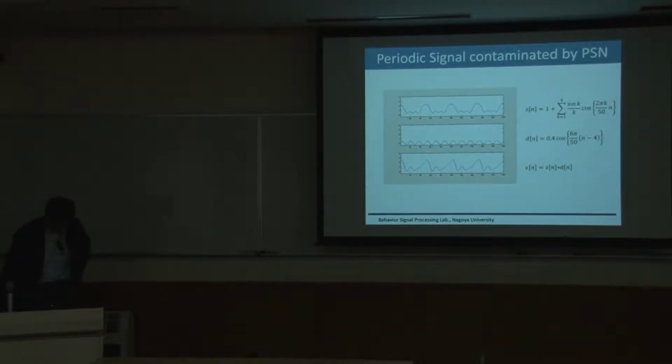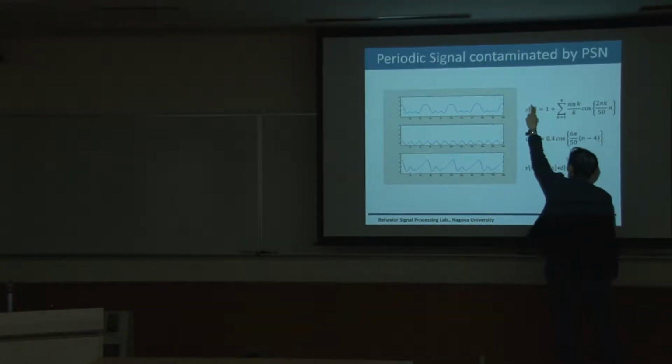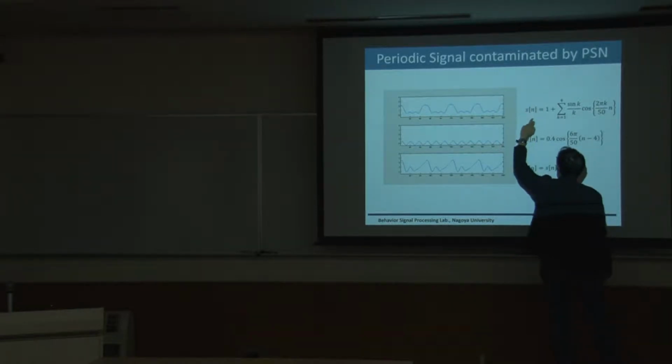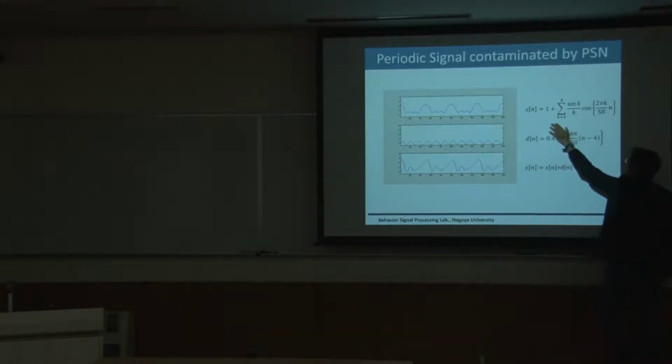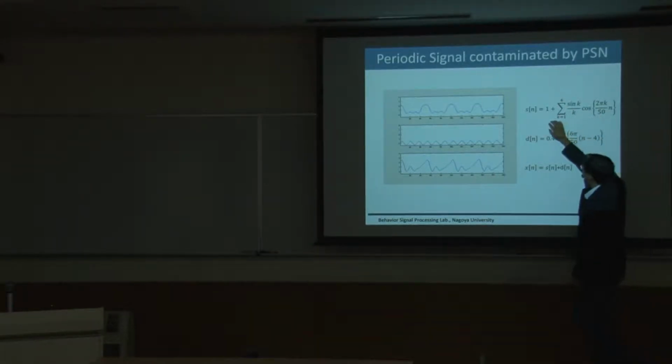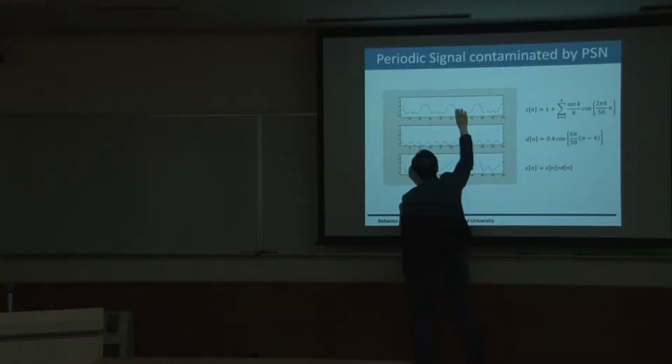So for instance, in the previous, let me show you one example. Suppose that s_n, the target signal which you really need to extract from the observation, is given by this equation. The important thing is that this starts from k equals 1 to 4, which means that this is a very smooth, low frequency component only signal, a very small signal.